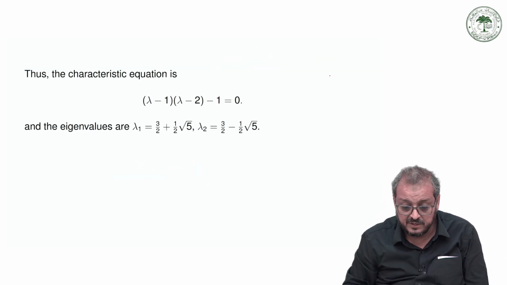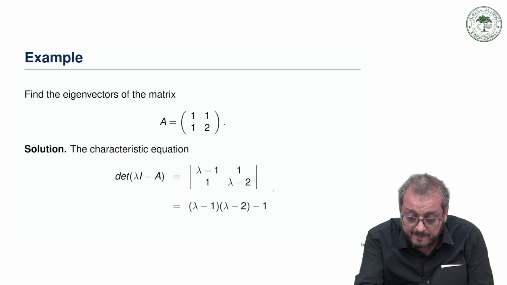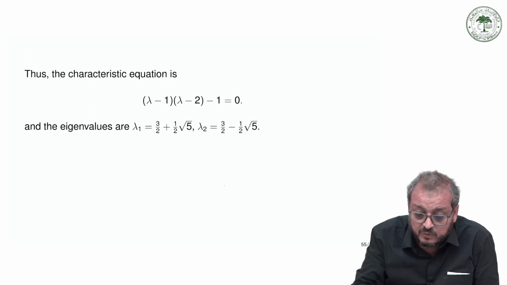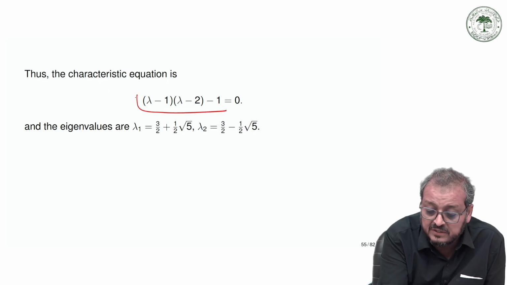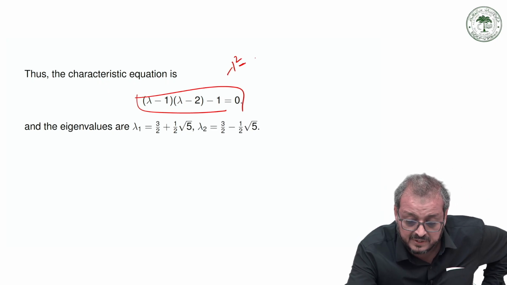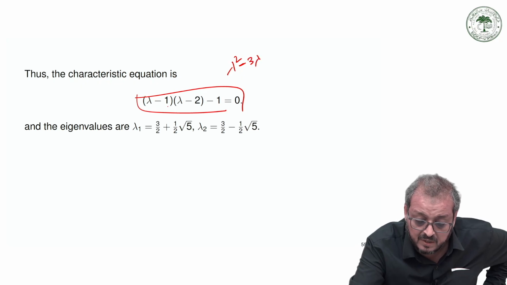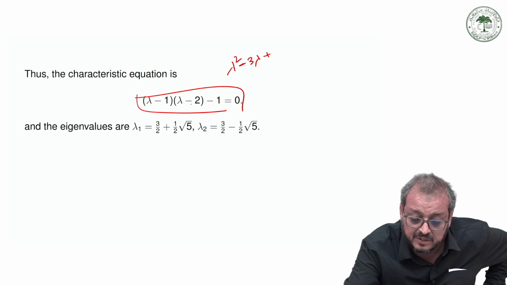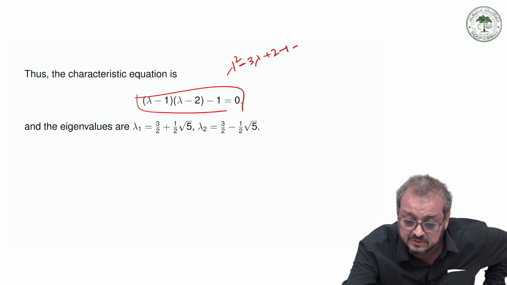Now the other matrix: clearly we have minus 1, and then we have to simplify this. We get lambda square minus 3 lambda minus 3 lambda... and so on, 2 minus 1, equal to 0.